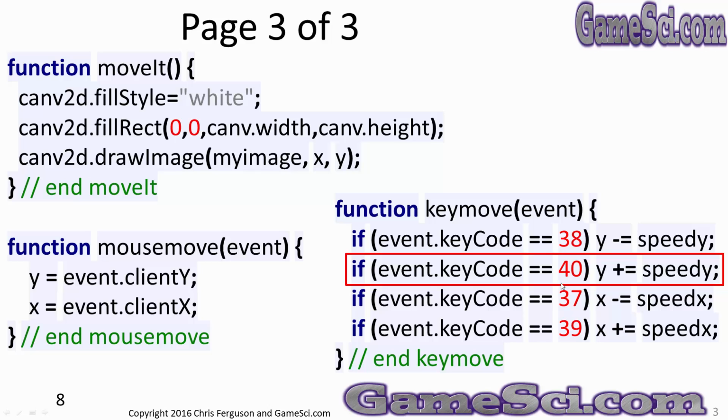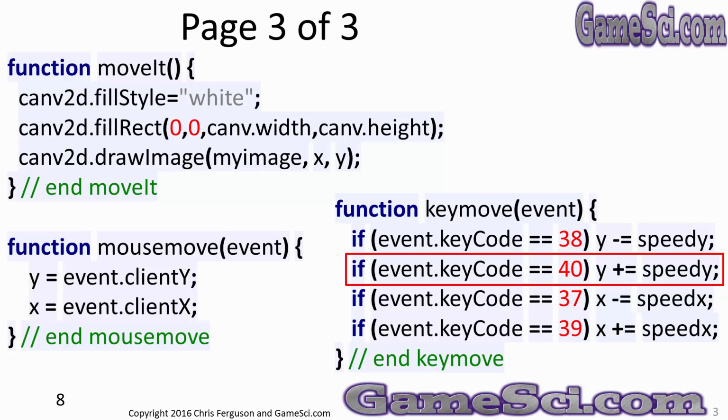The next key code of 40 is the down arrow on the keyboard. Somebody must have pressed the down arrow. When you press a key, KeyMove gets called. It looks at which key was pressed, and if the code for that key has the value 40, that's the down arrow. If the down arrow is pressed, y needs to get bigger. Y plus equals speed y is the same thing as if I typed y equals y plus speed y.